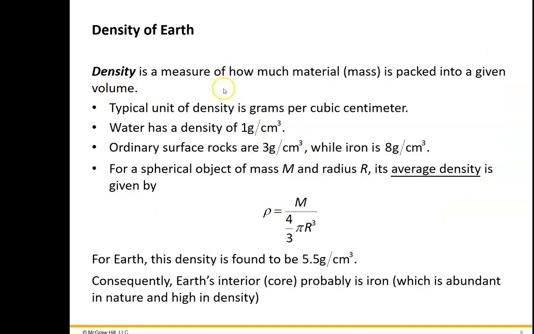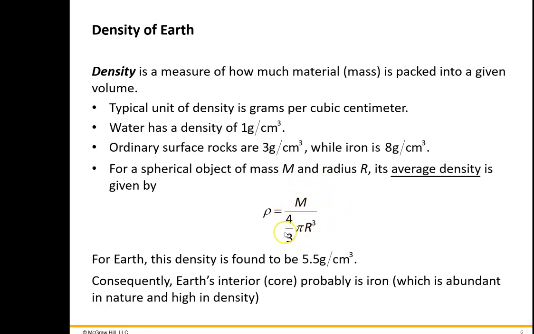All right. So now this is a very common quantity. We use the symbol rho to describe this quantity called density. Density is the mass of something, so that's where the M comes from, divided by the volume of something.